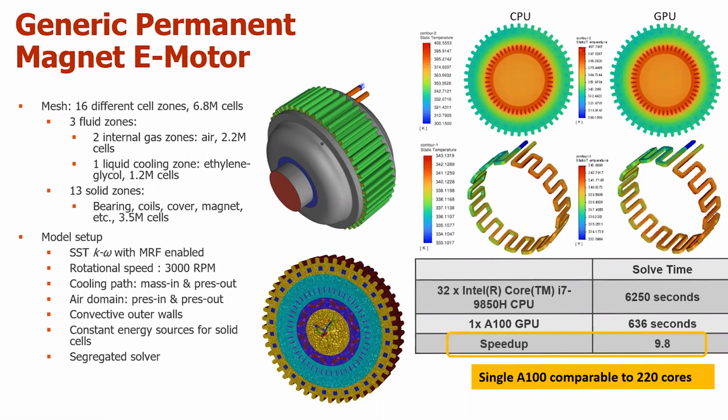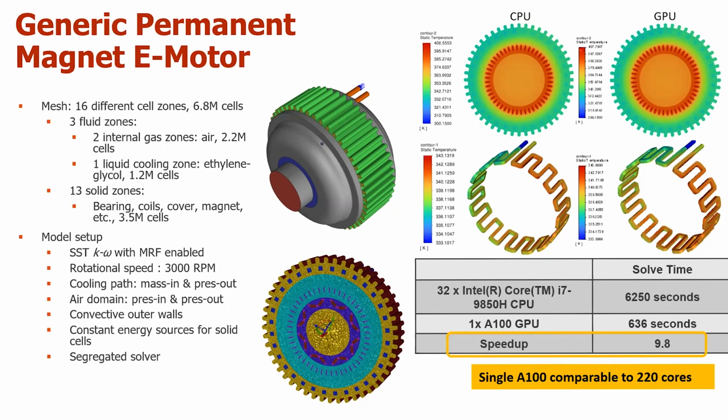So almost all of the physics that you have available with the native GPU solver, all those physics were added to this particular problem. So again, if you compare the solve time between doing this problem on CPUs and GPUs, you can get almost 10 times the speed up.